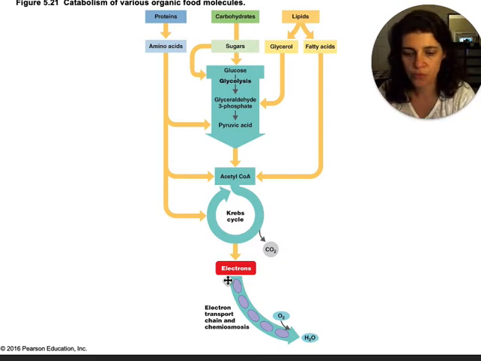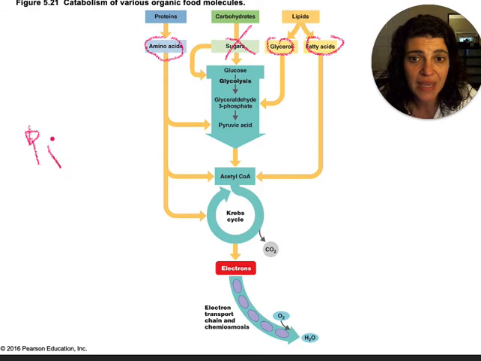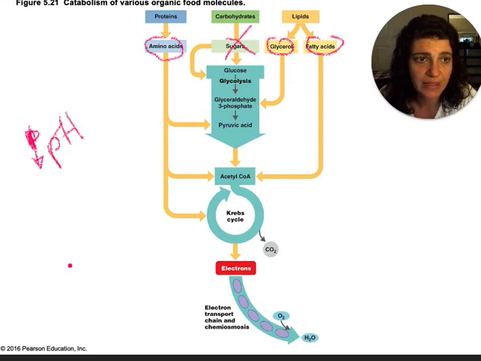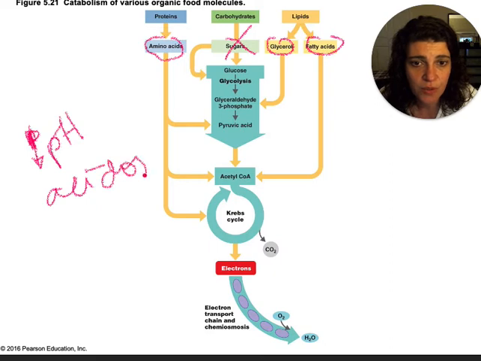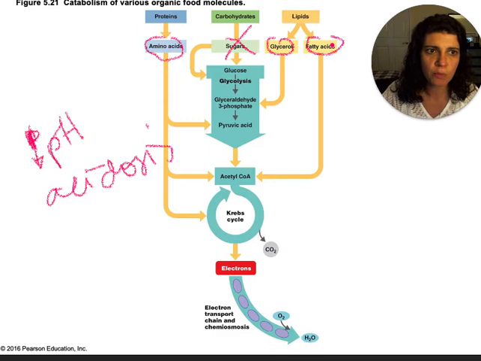What is the problem with that? When you don't use this and you use only amino acids and fatty acids and glycerol, you're going to decrease the pH of your blood, and you're going to produce acidosis because of the production of ketone bodies, ketone acid, which are substances that change the pH in the blood.